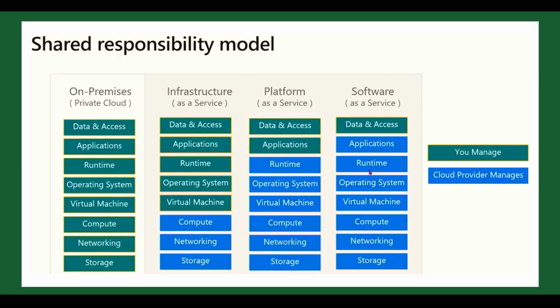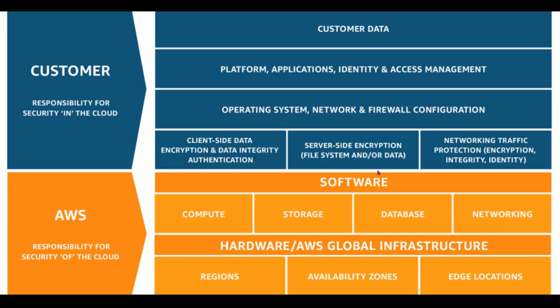Security and compliance is always a shared responsibility between the provider, AWS, and the consumer, which is us, the customer. And this model, let me just go with the slide. There are two things: security of the cloud. Of the cloud means the cloud infrastructure. The responsibility is completely with the provider.